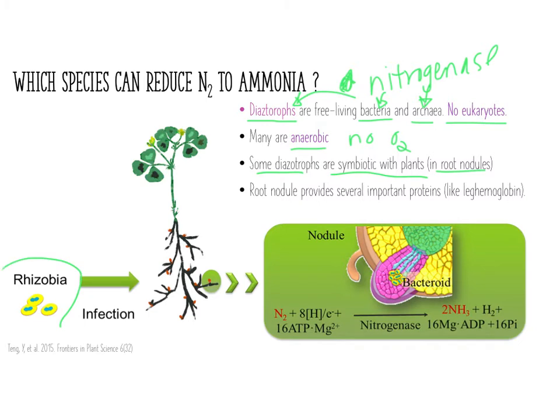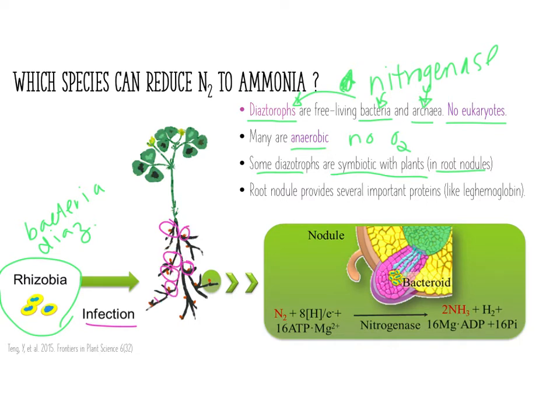So the rhizobia here is bacteria. And it's a bacteria that's a diazotroph. Looks like a diazotroph, which means inside of it there's a nitrogenase. And I'm pretty sure that's what the little blue on the inside is supposed to be representing, is the nitrogenase. And these bacteria are able to infect or live inside of the root nodules.